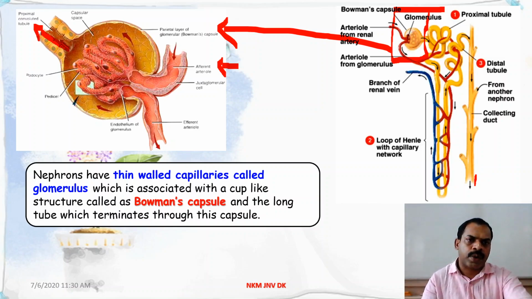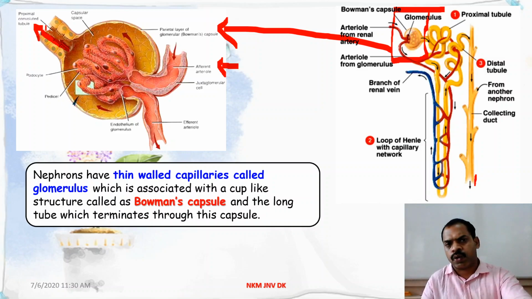The remaining content of the blood, the liquid content, to an extent the smaller proteins and nucleic acids, glucose, minerals, urea, metabolic waste, everything will be filtered over here, and that filtrate will pass through these tubes. When it is passing, what we require, we will reabsorb. So this is what we have to learn here, the role of the glomerulus, that is for filtration.